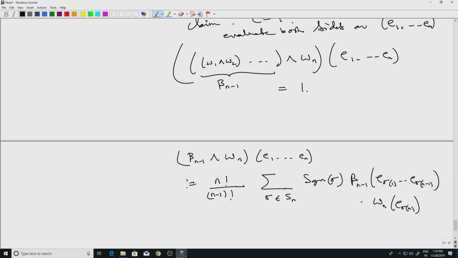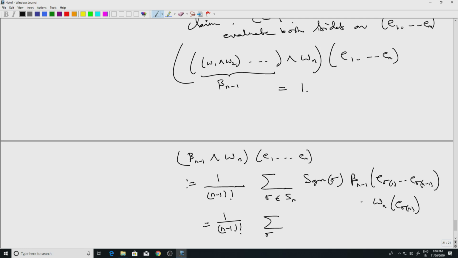Right, so this is just the definition. Oh, actually there's no n factorial, that got cancelled with the alternating thing. So it's actually 1 by n minus 1 factorial.